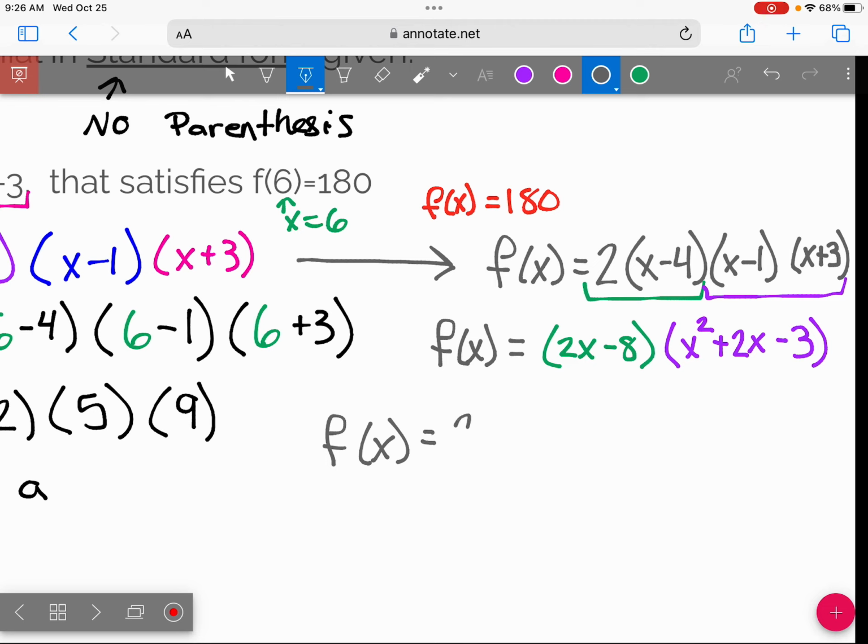We're going to have 2x cubed plus 4x squared minus 6x. That's distributing out my 2x. Distributing the minus 8, we have minus 8x squared minus 16x plus 24.